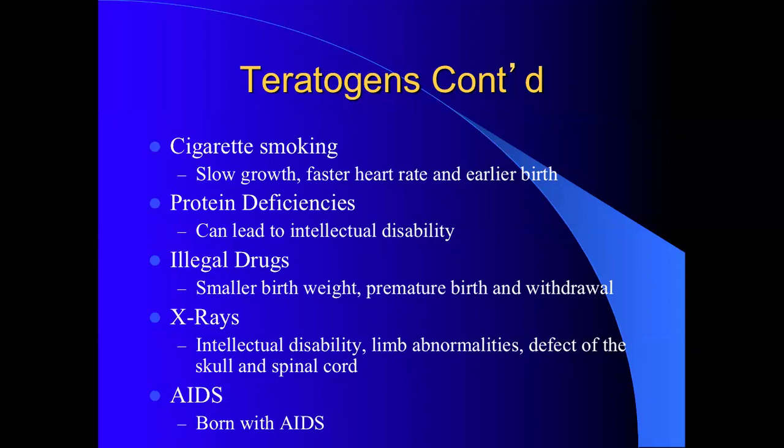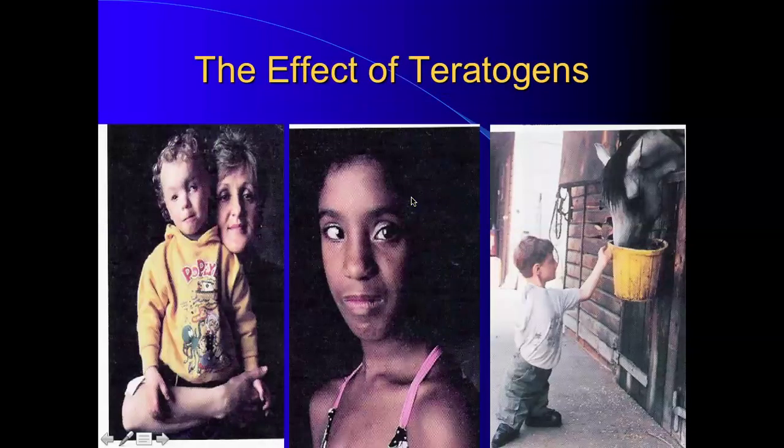So we typically say any harmful agent. Now, if you look at these three pictures, you're getting a picture of what fetal alcohol syndrome looks like in the first two, right? You'll notice the elongated forehead, the widening of the eyes, the thinning of the upper lip.